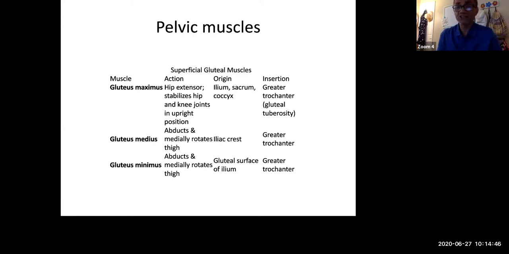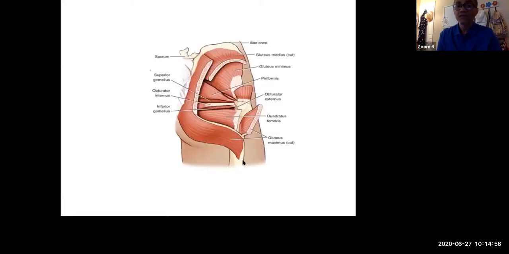I'm not going to ask you, but you need to know them in sequence so you are able to point to each of them. If you look at this picture, the gluteus maximus starts from the sacrum and extends all the way to where? To my femur. If you want to see the other gluteals, you need to cut the gluteus maximus.